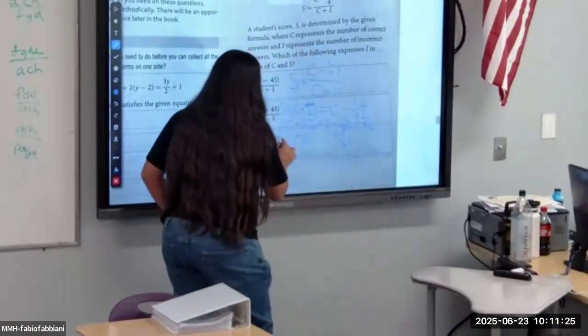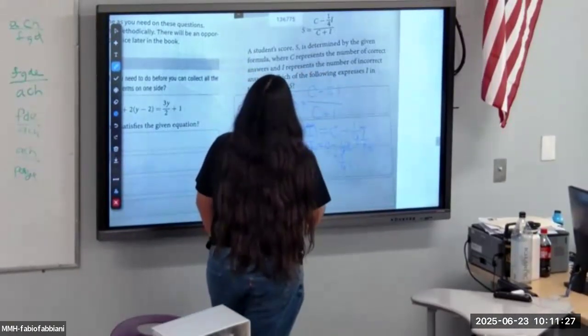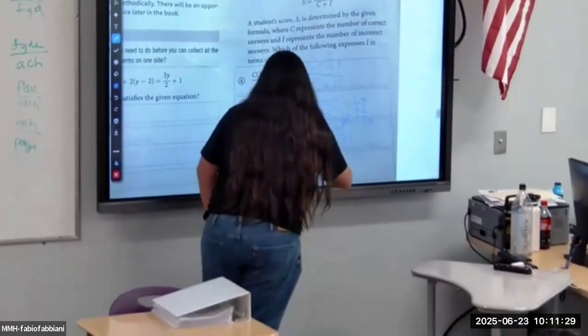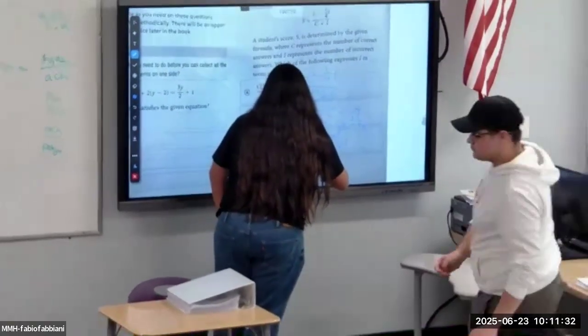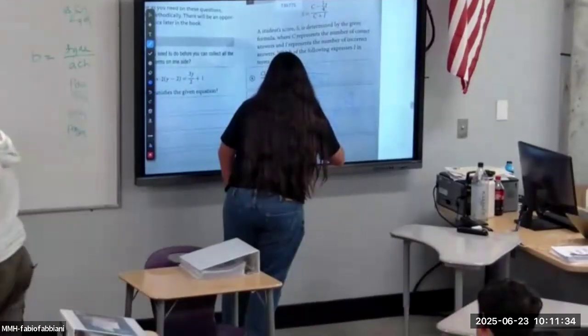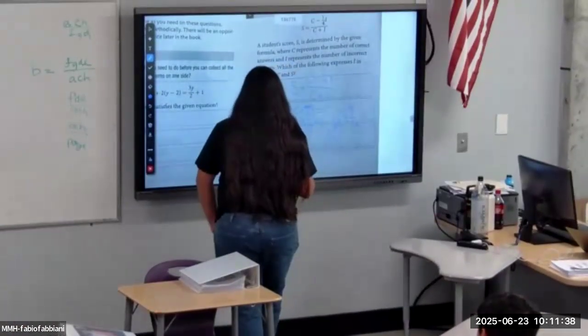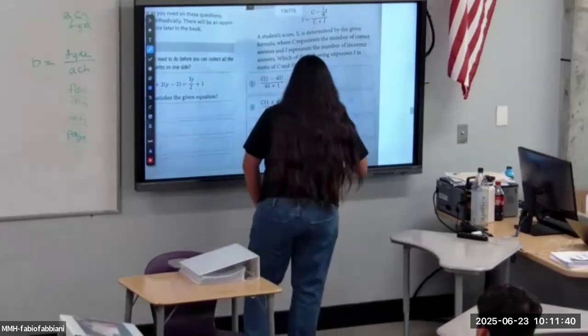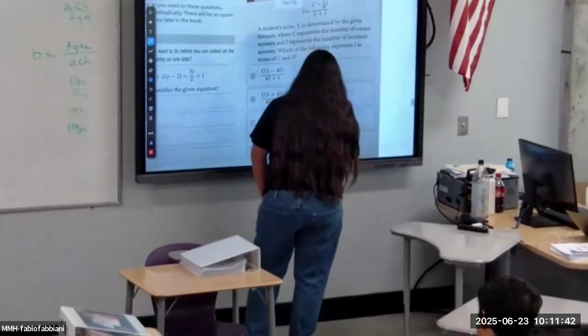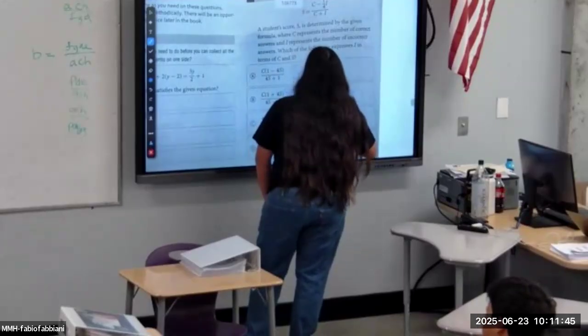So that's something out. SI plus 1/4 I equals C minus this.